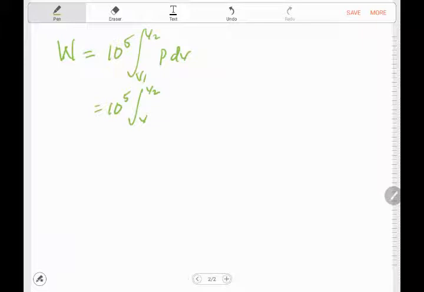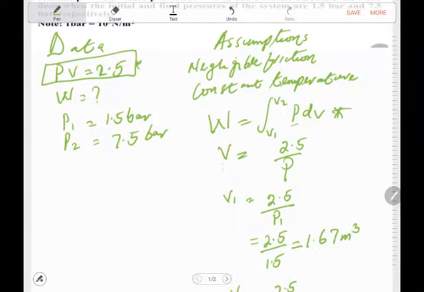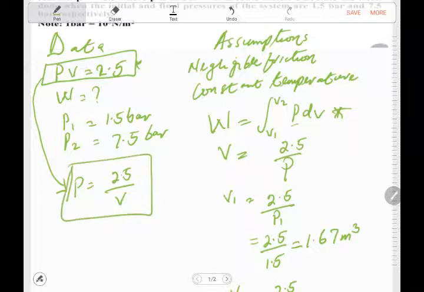But our P is what? The relationship between P and V. Don't forget, this is the relationship between P and V, and this is PV. If we want to substitute for P, we have to make P the subject of the formula. It means P is equal to 2.5 over V. It is this relationship that I am going to substitute in that equation.